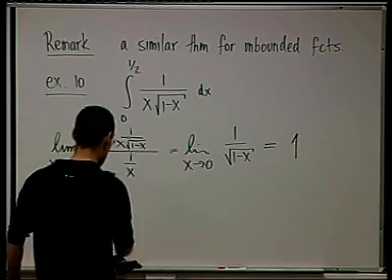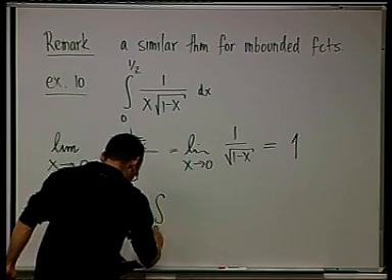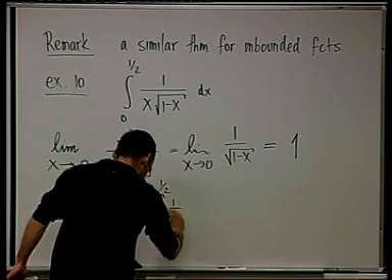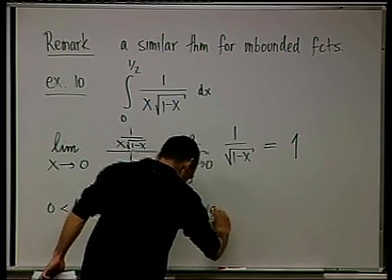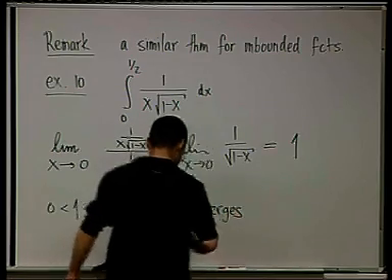That's one condition. The other is that the integral from 0 to 1/2 of 1 over x diverges. That I know from the previous theorem.